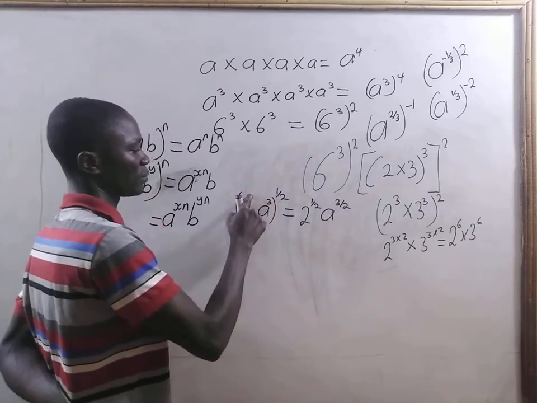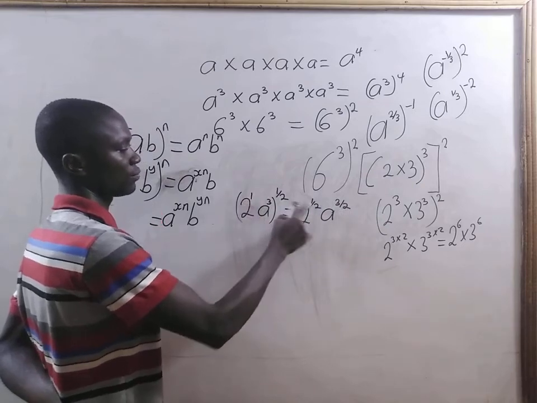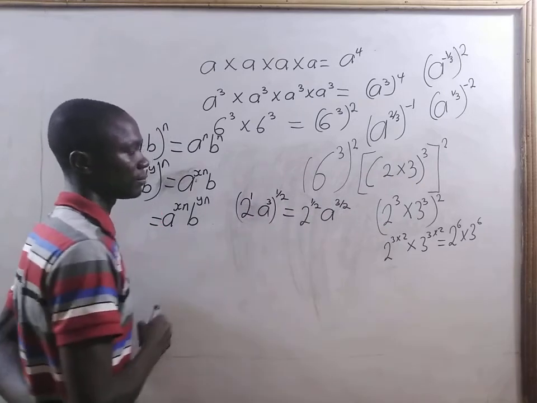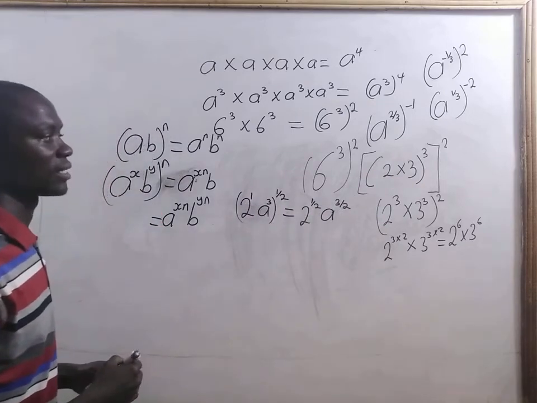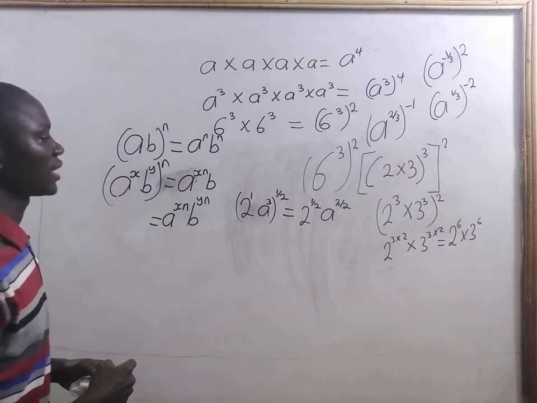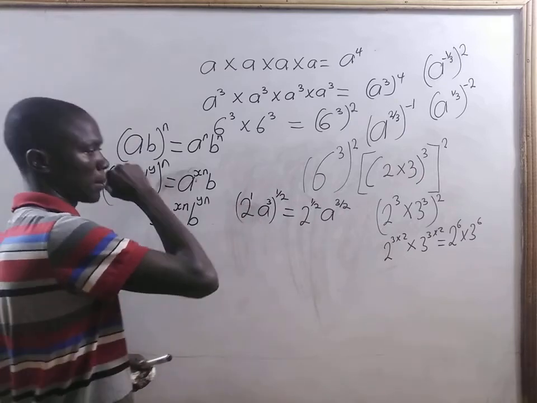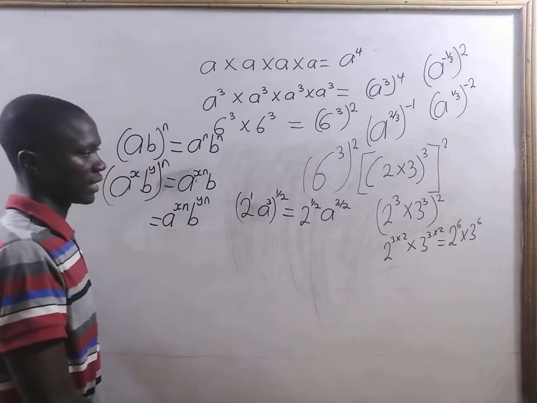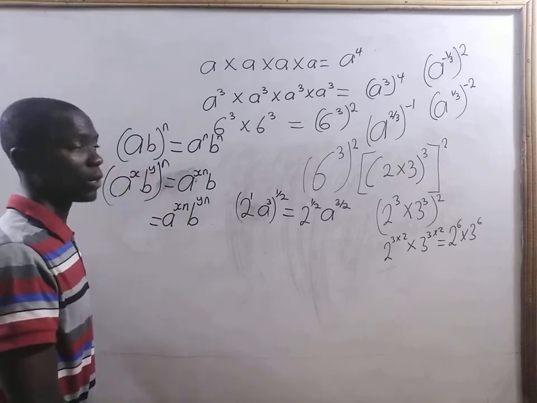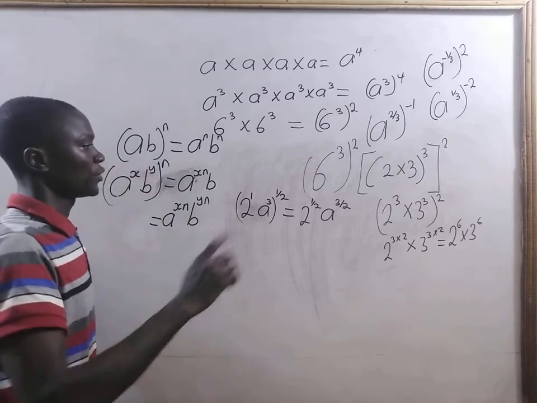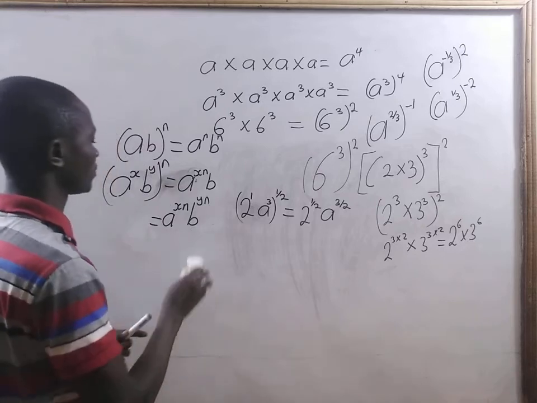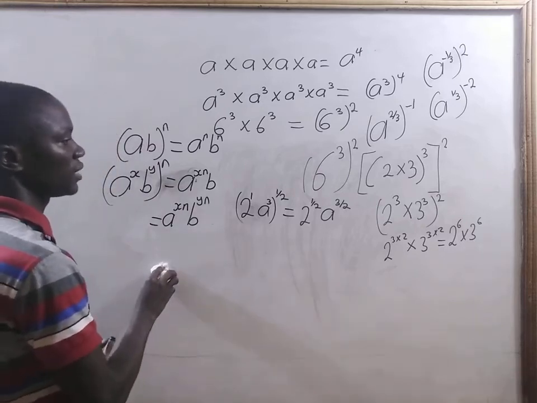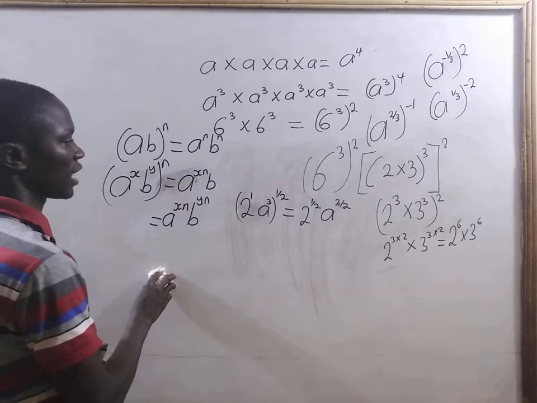The power half will multiply the exponent 1 here, and the power half will multiply this. Wow. So now, we can also talk about this one. From the same third law, we can apply this.